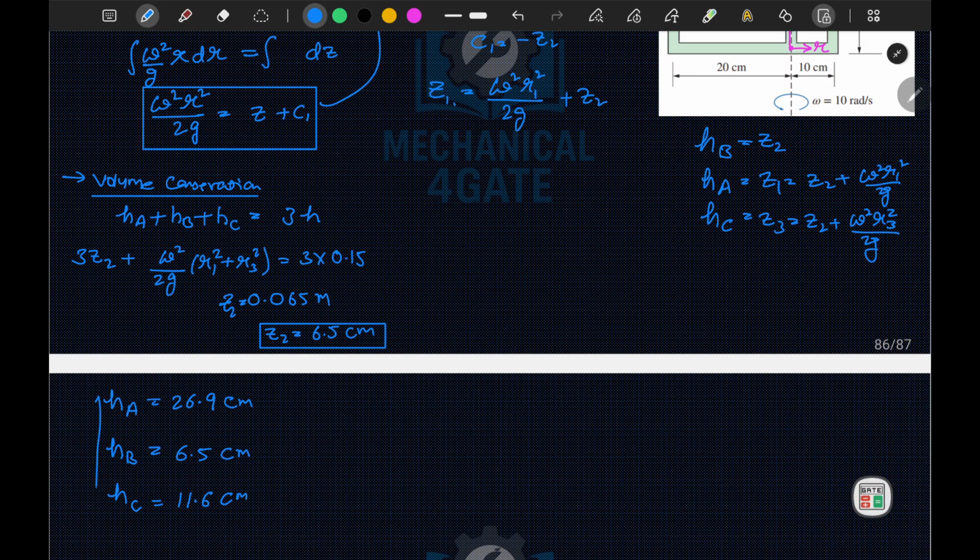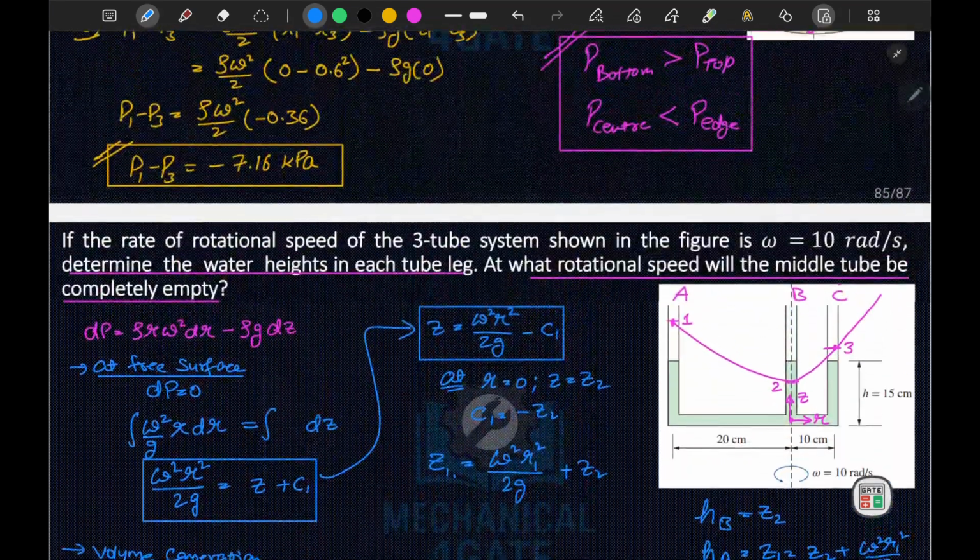So these are the heights of the liquid column in each of the three tubes.